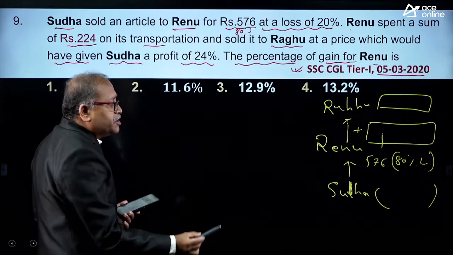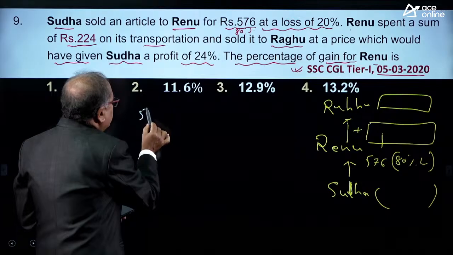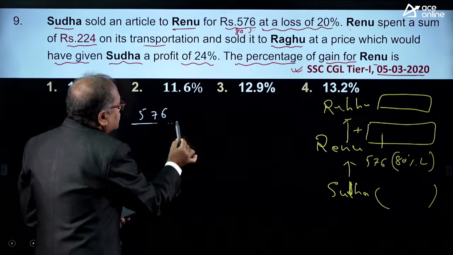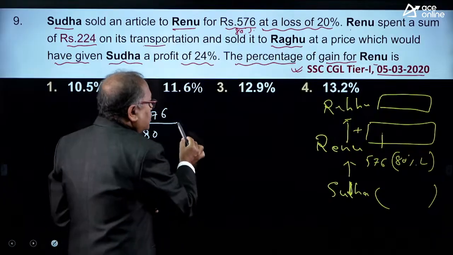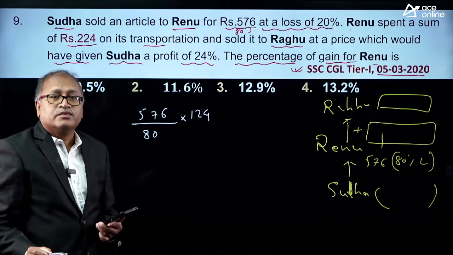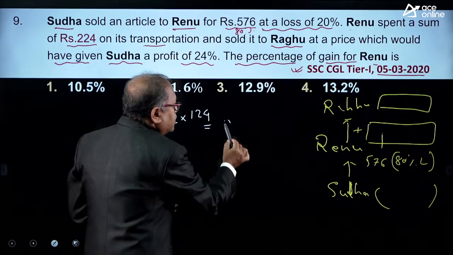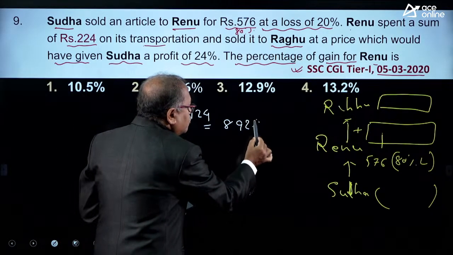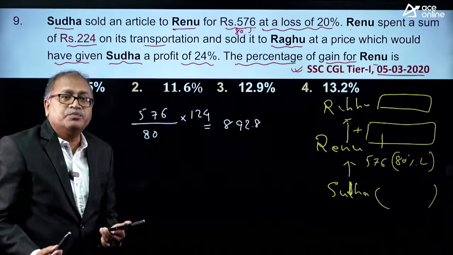Yes, we can find out 124%, and that is 576 divided by 80 and multiplied by 124. It's a very simple basic calculation, and we are getting 892.8. This is the selling price.